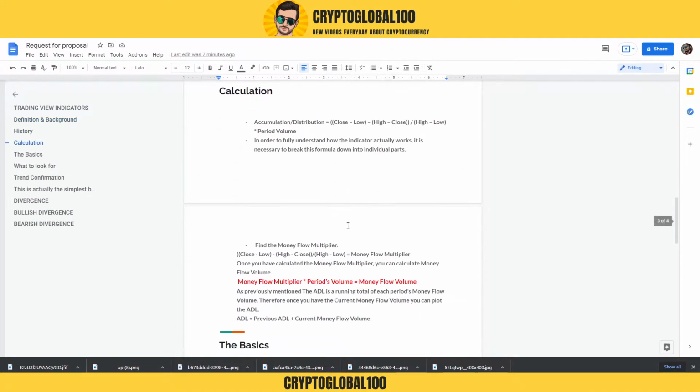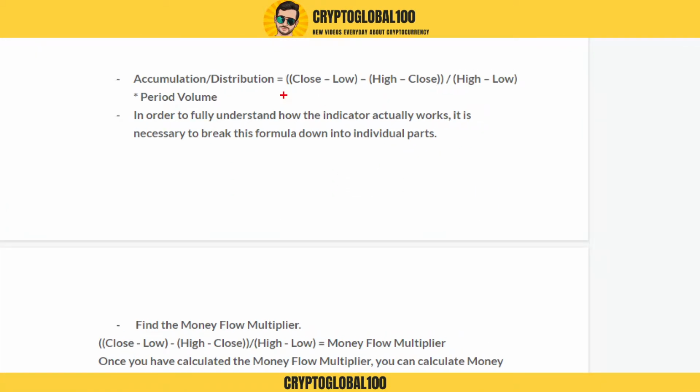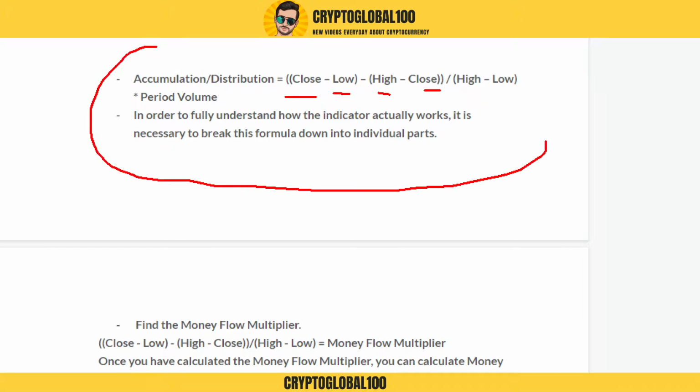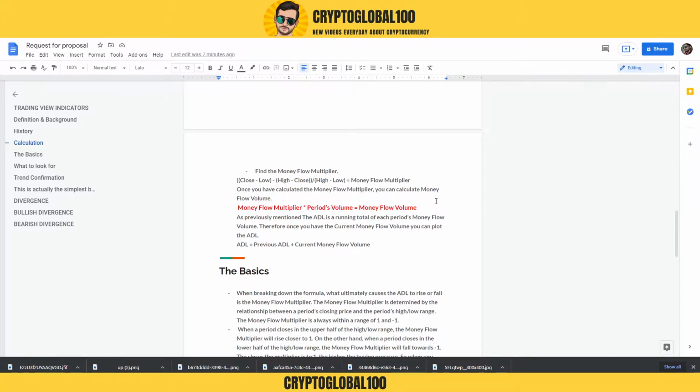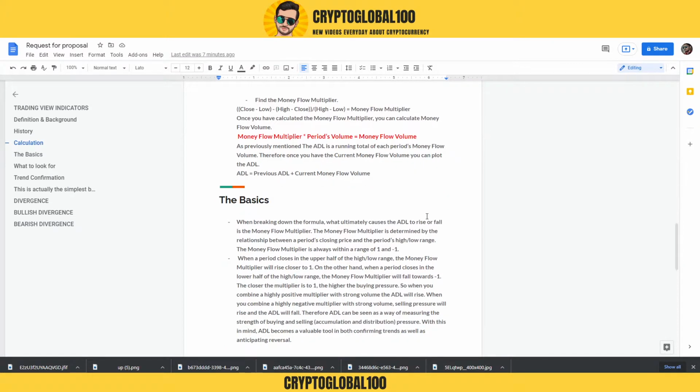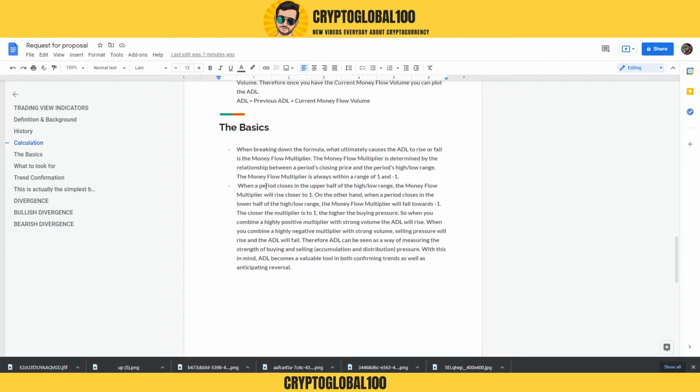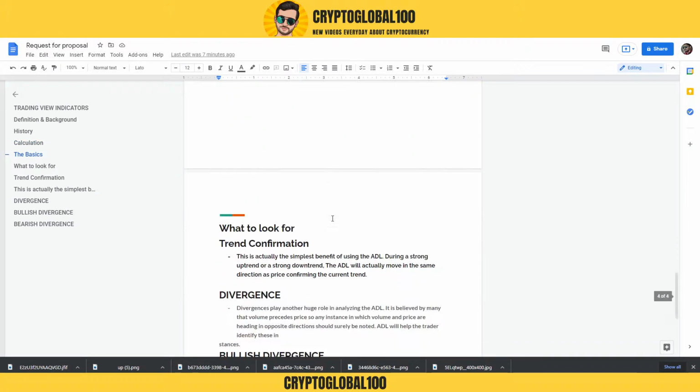As for the calculation, it takes the close of the candle, low of the candle, high and close, divided by the high minus low. This is the formula you can find, guys. I'm going through all this because I want to go to the practical work, the real world examples. From there you can understand what this indicator is all about. It is the basics, and I will give the link for this.